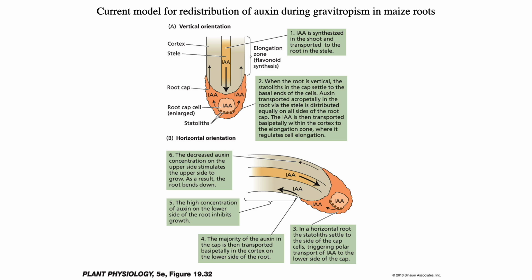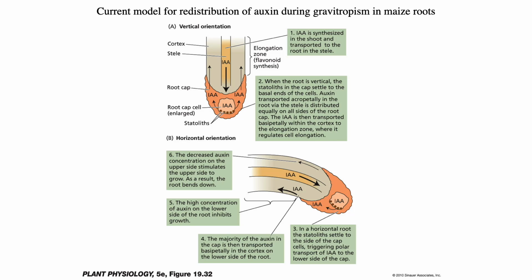When a root is in a horizontal orientation, a transient lateral auxin gradient is established, primarily through the redirection of auxin flux from both sides of the root apex to the lower side. This redistribution is triggered by a gravity stimulus and is sufficient to induce changes in auxin-responsive gene expression and asymmetric root growth.